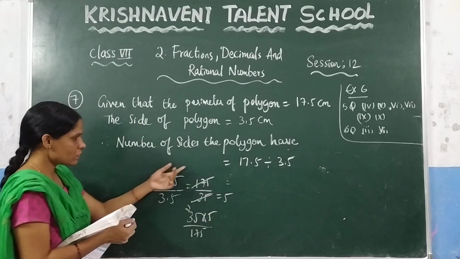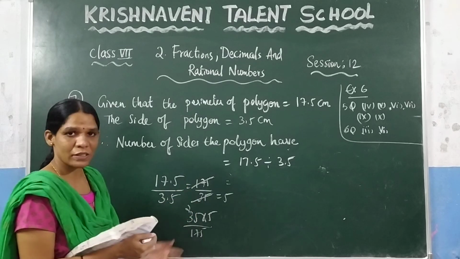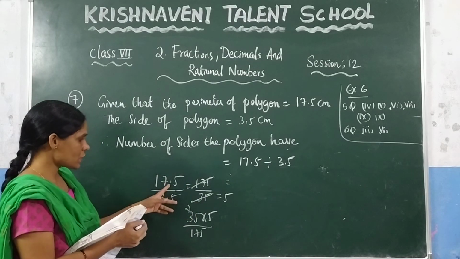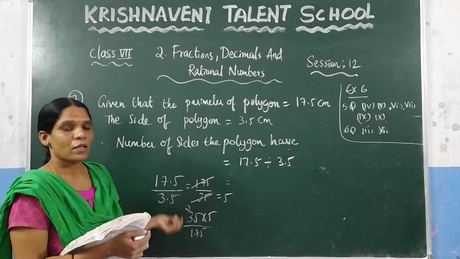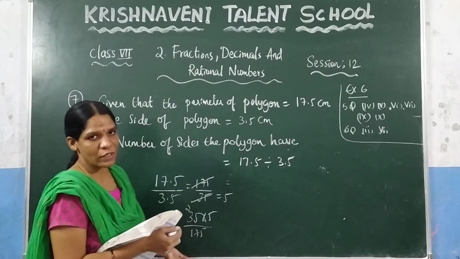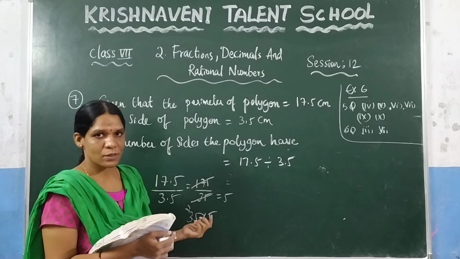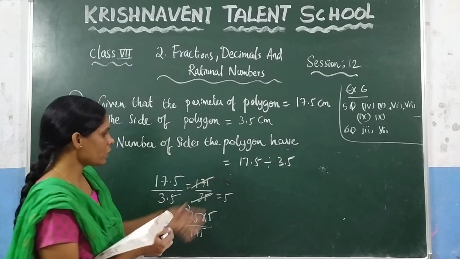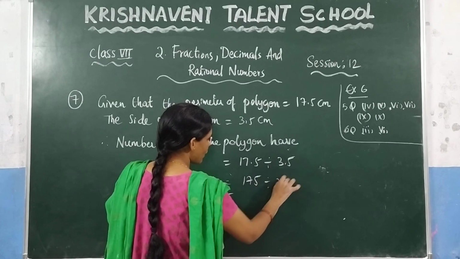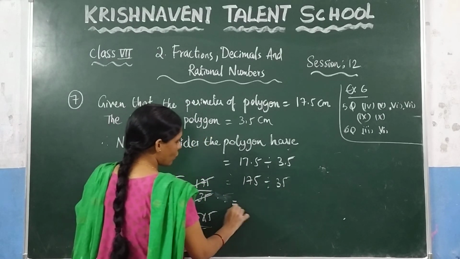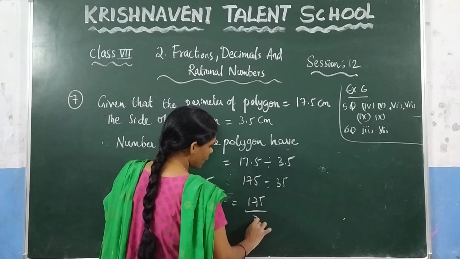So here this one you can write as 175 by 35 because after the decimal point in both the numerator and the denominator, if you count, there is only one number. So you can cancel the decimal point. What is 175 divided by 35?